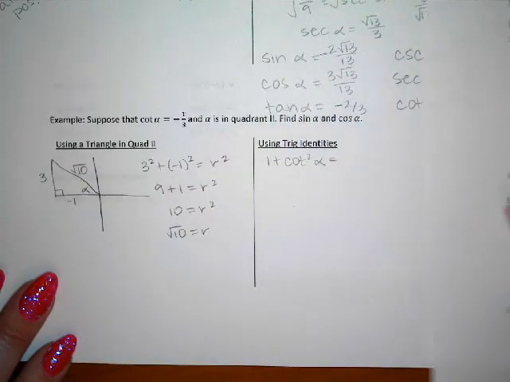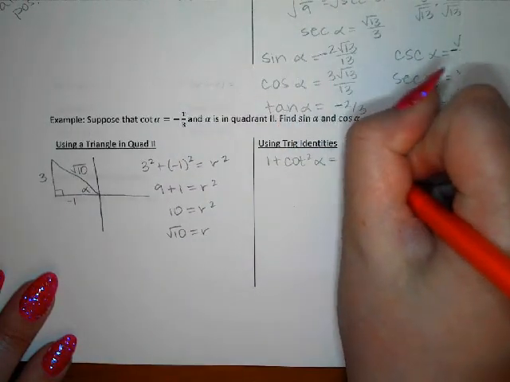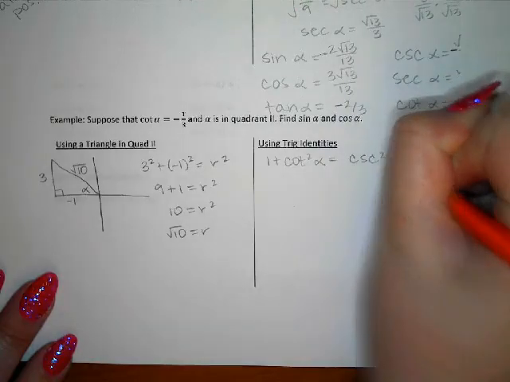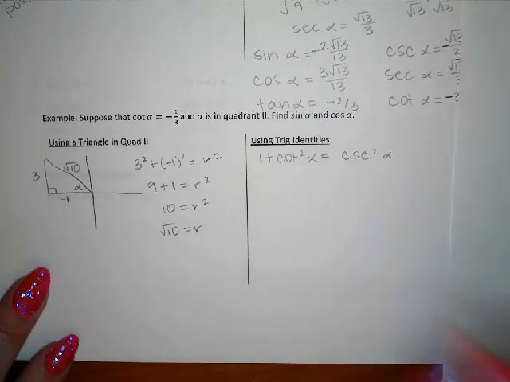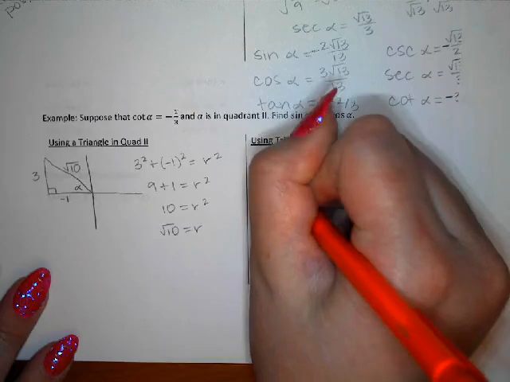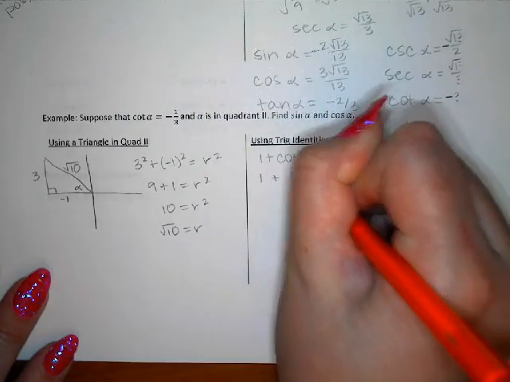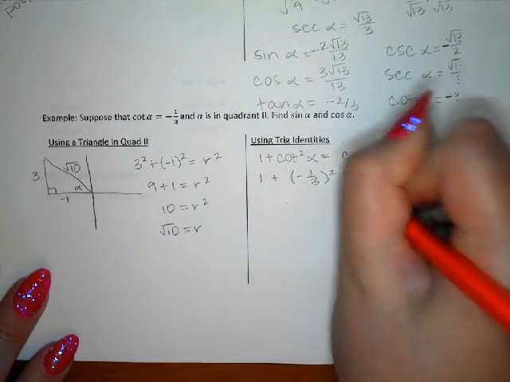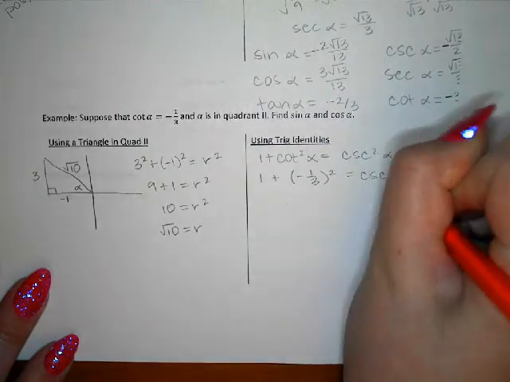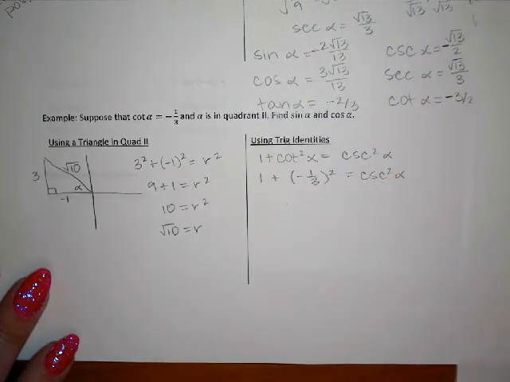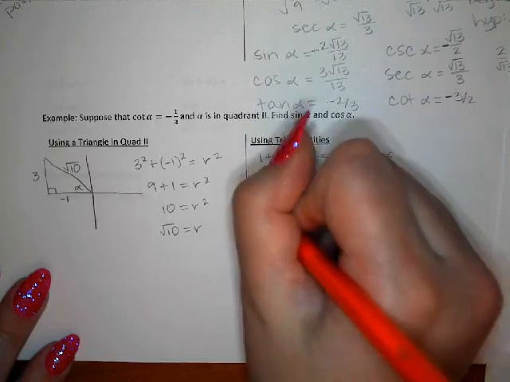Okay, and so 1 plus cotangent squared equals cosecant squared. So we have 1 plus -1/3 times -1/3, which is +1/9.